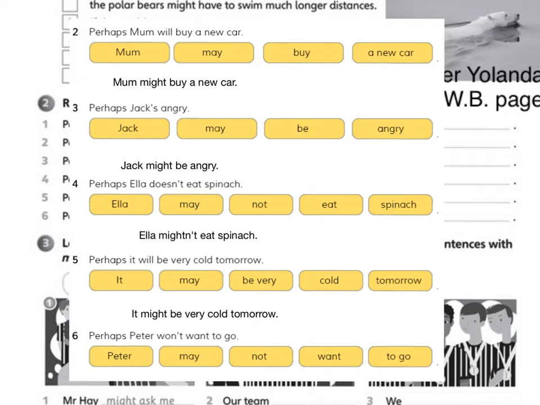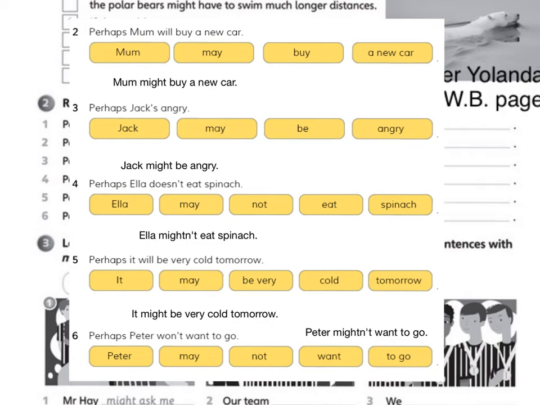And the one of Peter, well, I don't have much space, so I'm going to write it here. Peter might not or mightn't want to go. Okay, these are the options. Please make sure to write the corrections in case you have to write any.